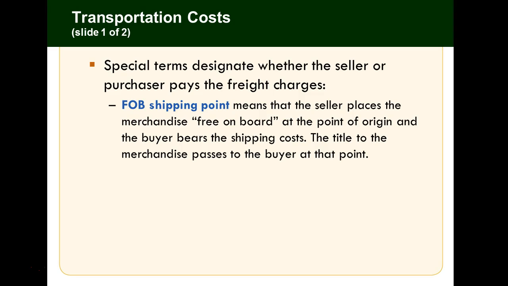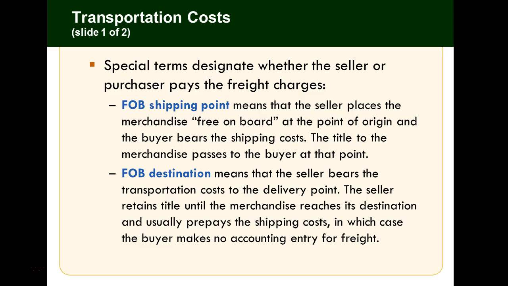The seller gets the goods to the place where they are getting ready to be shipped, and then the buyer has to pay the shipping costs. It's important to know that the title to these goods passes over to the buyer at the shipping point. If the terms say FOB shipping point, then the buyer assumes title to those goods at that point.